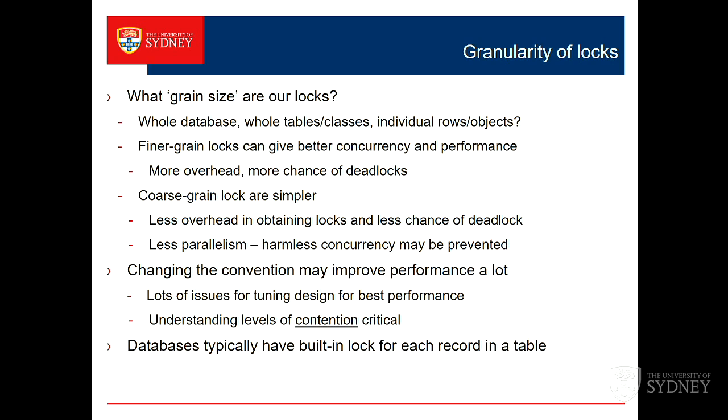So finer grain locks give you much better concurrency control and much better performance, because I'm not unnecessarily waiting on things. But you also then have more overheads. Instead of having a small number of locks to manage, I've now got hundreds of thousands of locks to manage. So the lock tables are different.